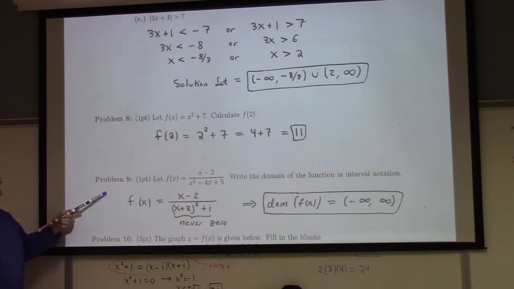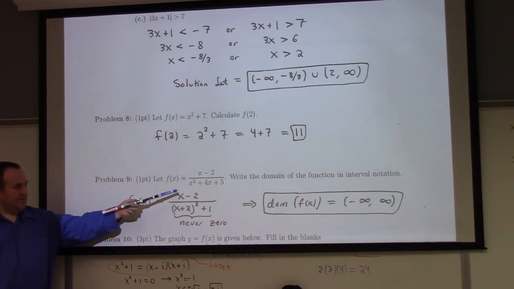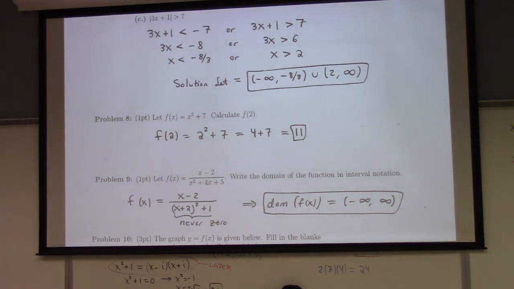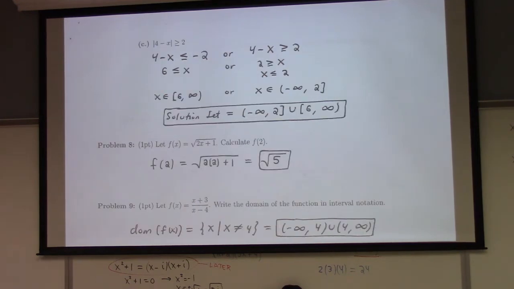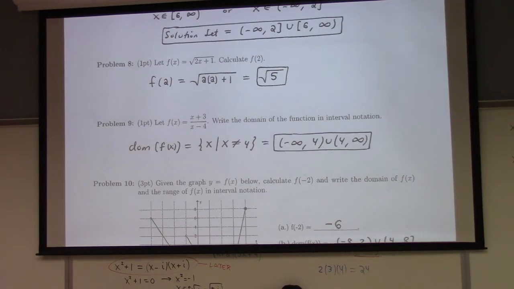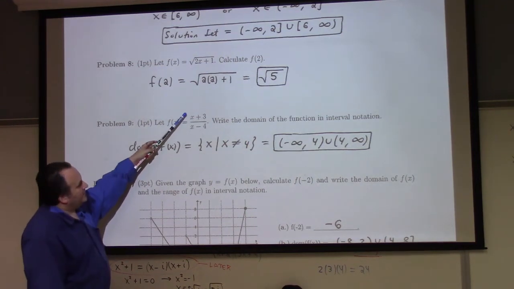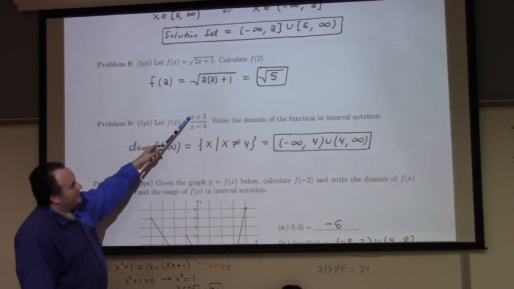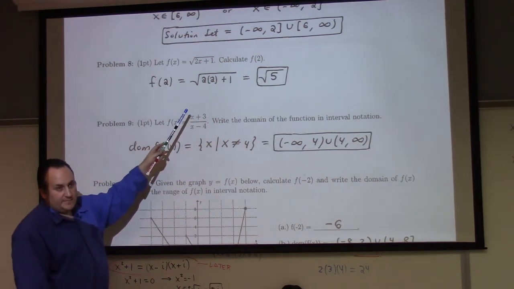Problem 9, we talked about earlier. So the domain of this is all real numbers, because if I complete the square in the denominator, I see it's never 0. The other version of this problem was more exciting, right? And so here I could have the denominator 0, right? The numerator has nothing to do with anything.